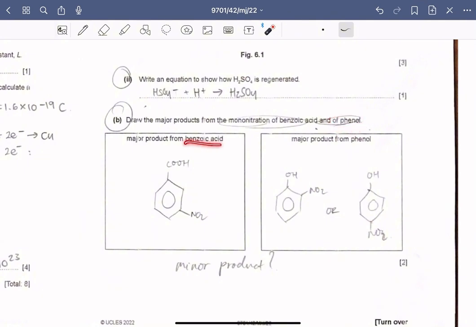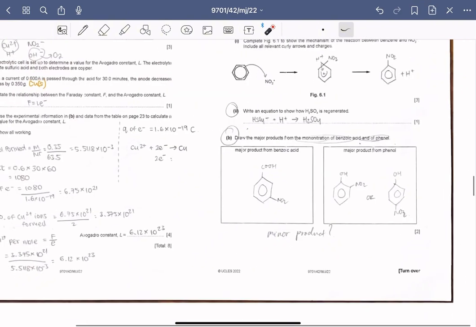So the major product of benzoic acid is benzoic acid with NO2 in position number 3. The major product from phenol is position 2 and position 4. Okay.